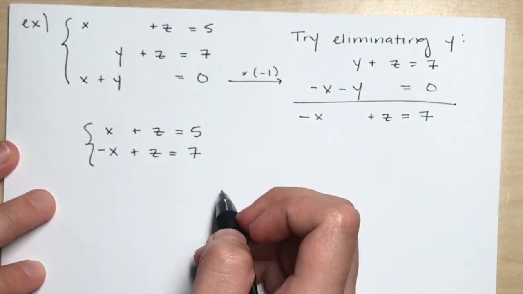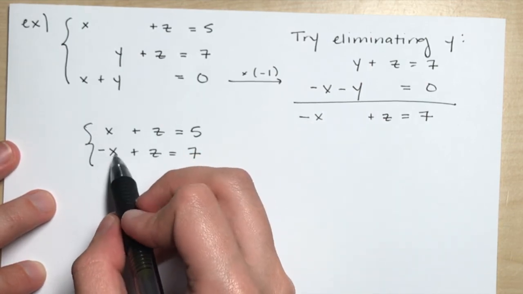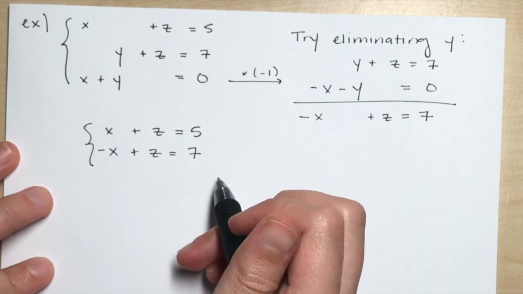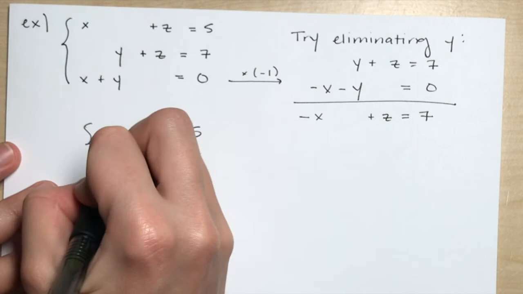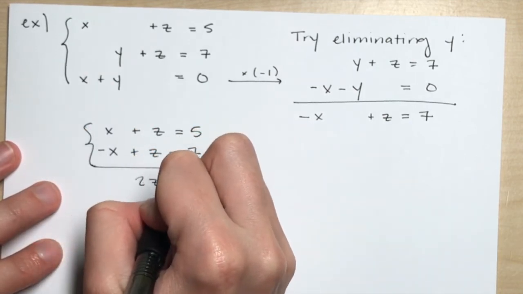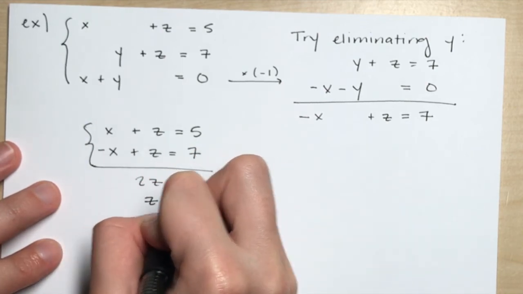What solution method should we use? Well, we've got positive x and negative x here. Seems like it lends itself pretty well to elimination. So let's add these guys together. We get 2z equals 12. So z is 6.